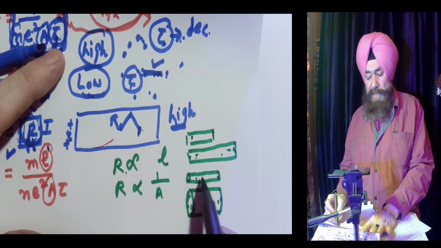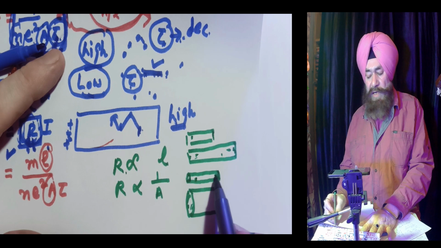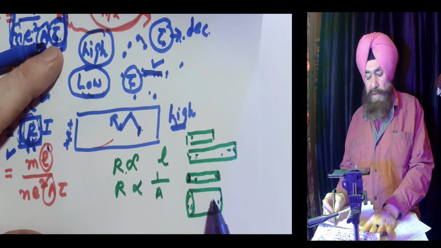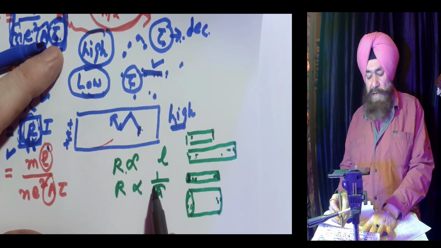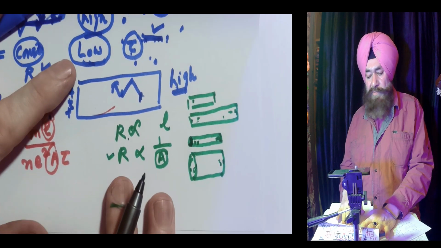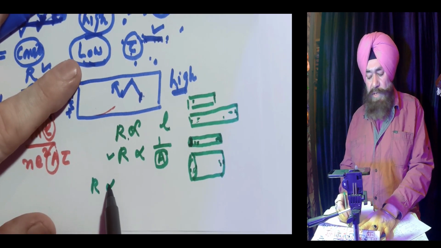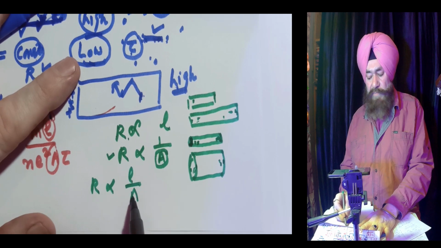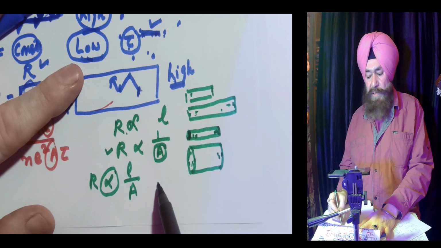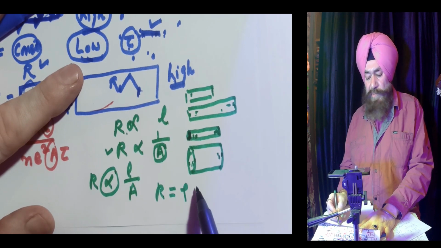Here it finds more difficulty because this is very thin. So if area is less, R will be more. Combining the two, R is proportional to L upon A. Replacing the proportional sign by a constant, R is equal to rho L upon A.